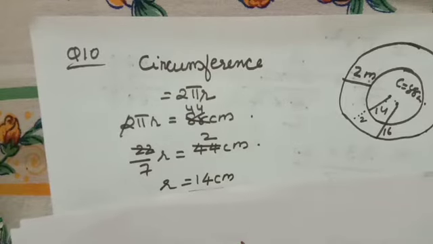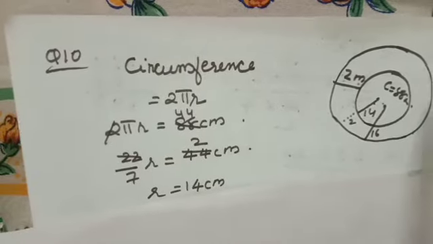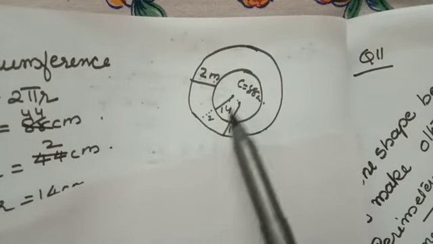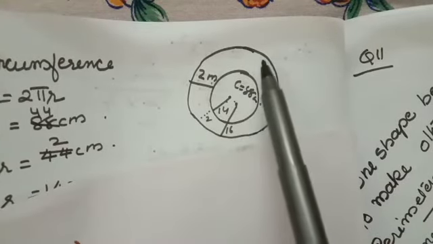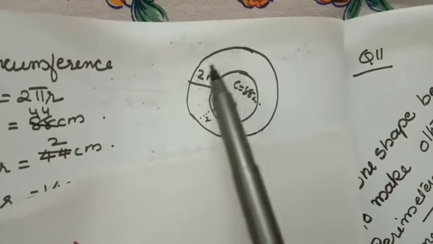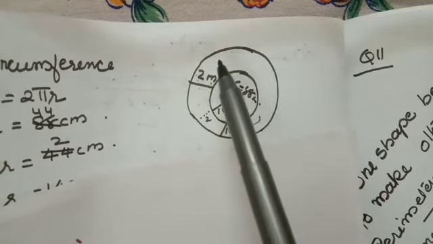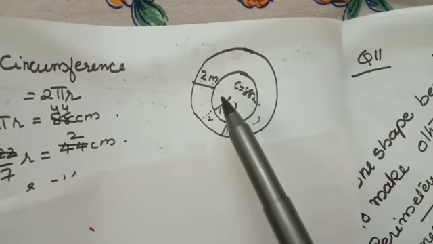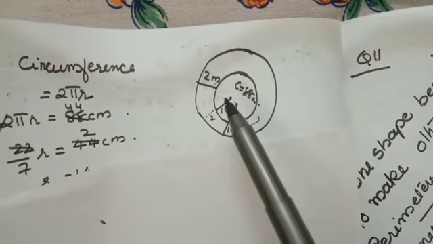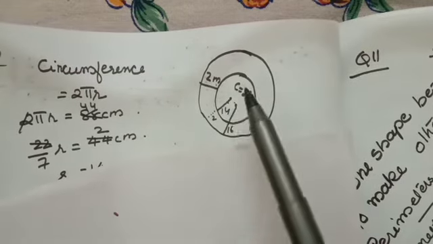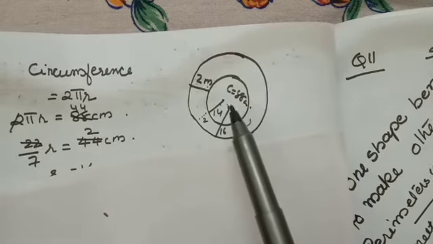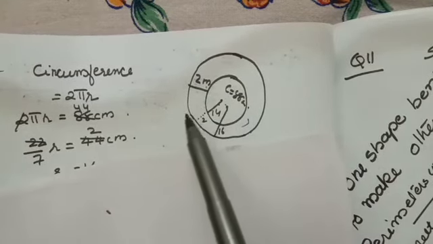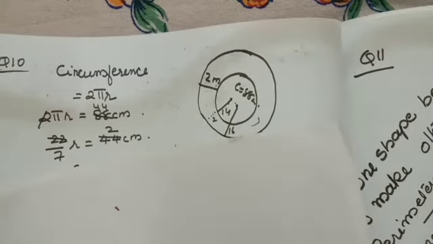A 2-meter road is there around the circular park. The circumference is 88 meter. Find the cost of fencing the outer boundary. Outer boundary, how much cost for fencing? Okay.